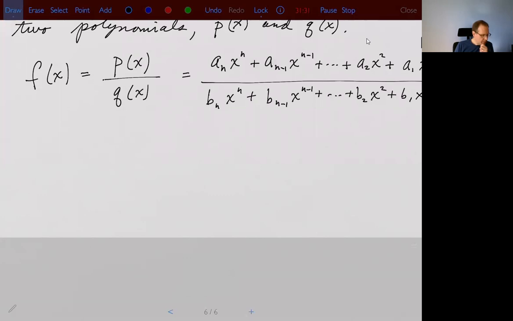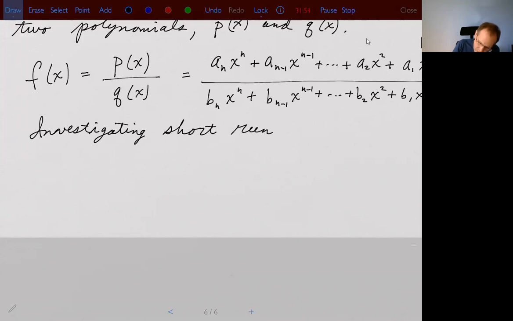Okay, so how do we investigate short-run behavior of rational functions? We'll start with investigating short-run behavior.